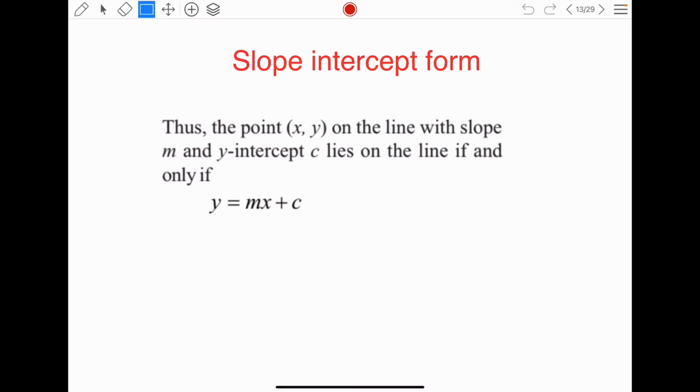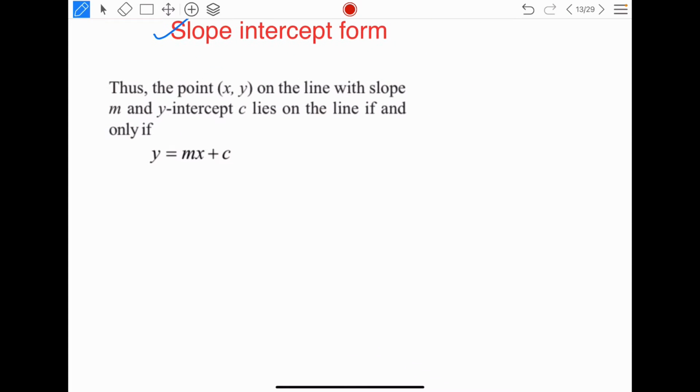Alright, next form, very important, many of you may be knowing also, the slope intercept form. Now before we move to this form, what is an intercept? Simply try to understand. If I have my coordinate axes here, and if my line is not passing through the origin but it is cutting a point on any axis, suppose it is cutting a point on my y-axis.